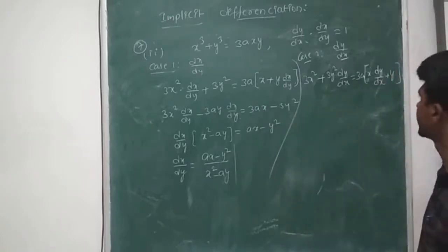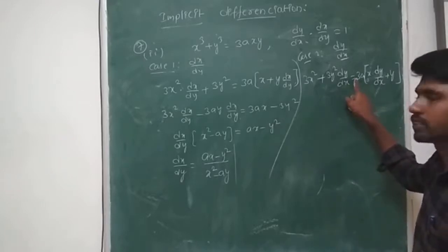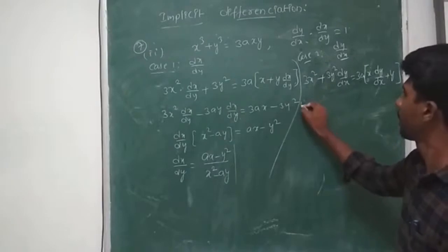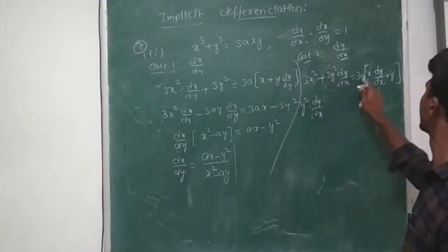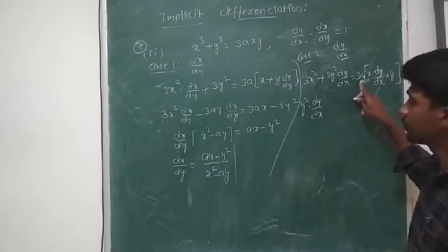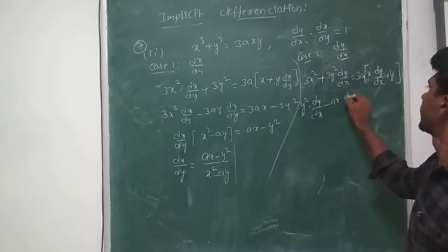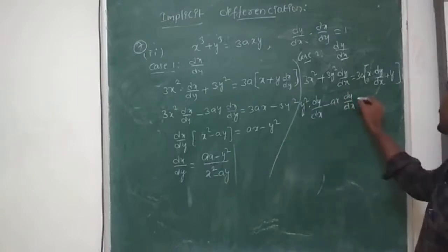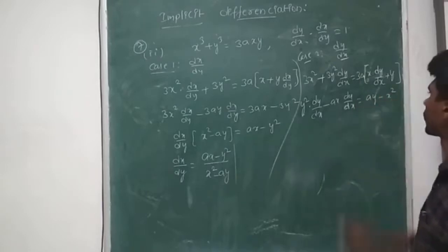Now what we get? Again we have here 3, 3 and 3, so we take common and cancel. So we get here y square into dy by dx. I already did the cancellation of 3. So minus ax into dy by dx, which is equal to ay minus x square.